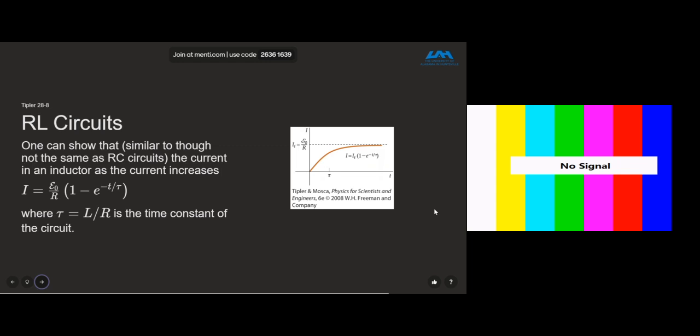And in this case, tau, the time constant, is not RC, it is L divided by R. Inductance divided by resistance. Now, how is this different from a capacitor that was charging? How is this system where the current is ramping up in the inductor different than the current in a capacitor as it is charging, just based on the graph or your previous notes?